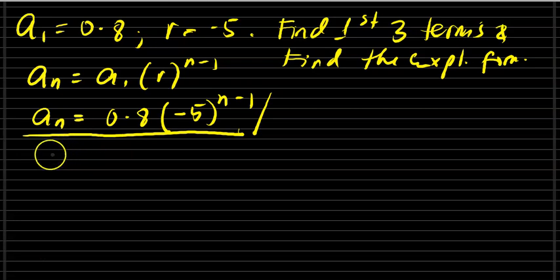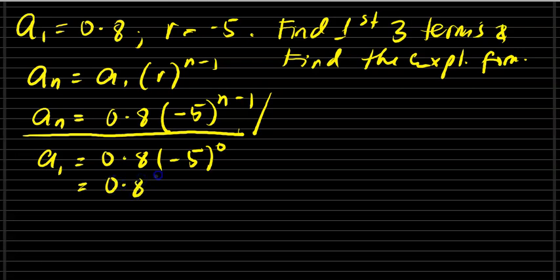Now we're going to find the first 3 terms. Using this formula, a sub 1 is equal to 0.8 times negative 5 raised to 1 minus 1, which is 0. Always remember that a number raised to 0 is always equal to 1. So that's going to give you 0.8 only. That's going to be our first term.